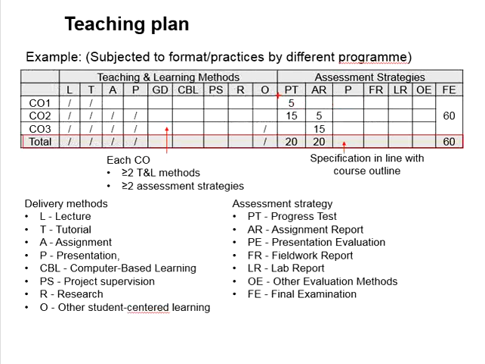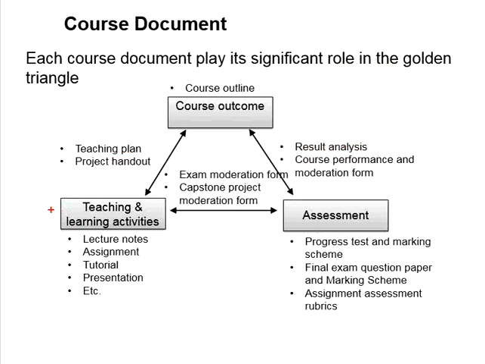You may also check different assessment methods. You are also able to identify which assessment method may be more challenging to the students. By identifying all this, you may review your teaching and learning activities and also review your assessment method.